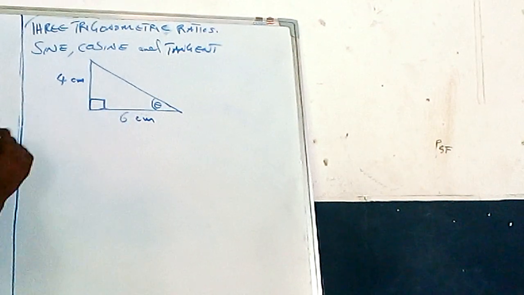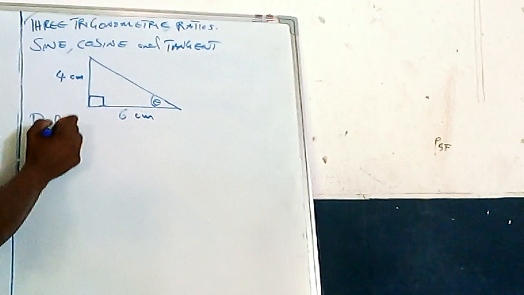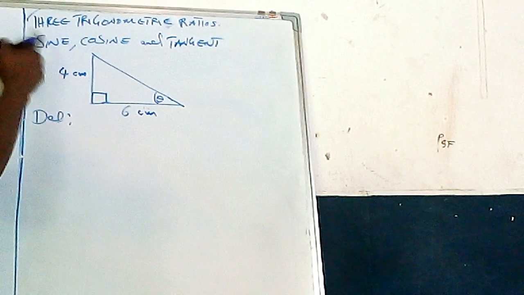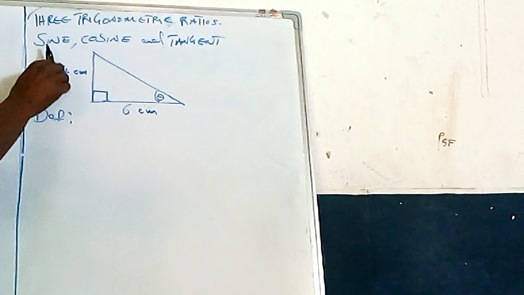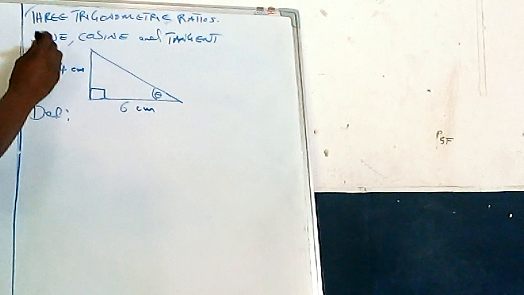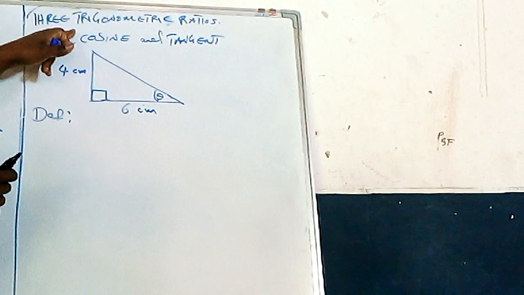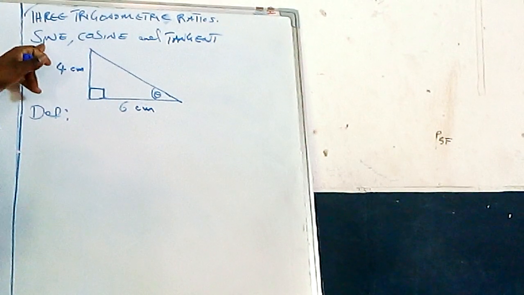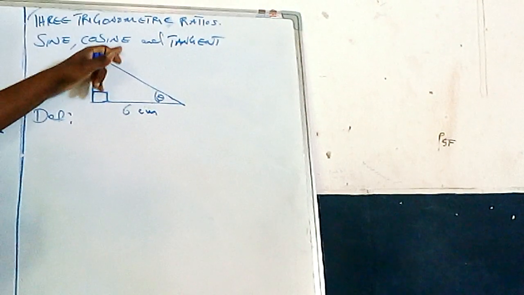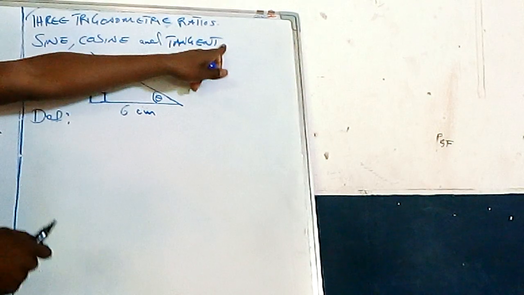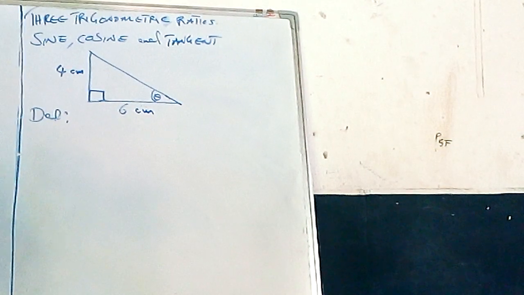So let us first define the three trig ratios. Take note. These are ratios that, if they are mentioned, there must be an angle right after them. For example, it will be sine theta, cosine theta, tangent theta. However, we have abbreviations.